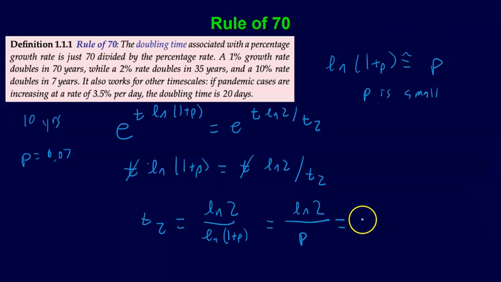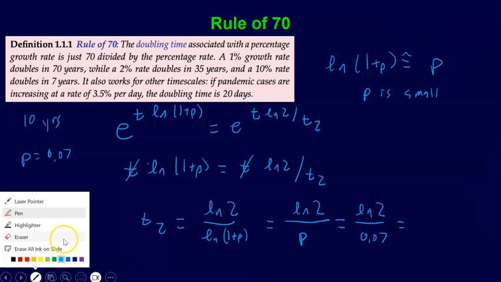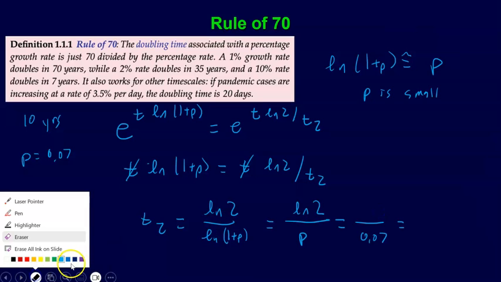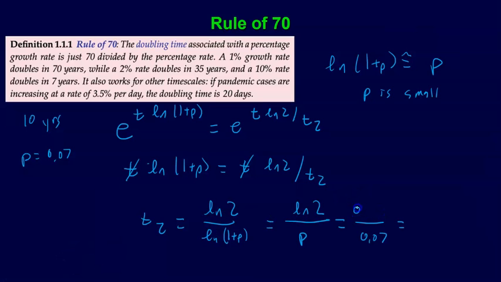And so if I go over to here and look at this, natural log of 2 divided by, again, 0.07, if you plug that into your calculator, and I'll just even go a step further, just cancel this out. So that natural log of 2, if you plug it in, it comes out to be 0.693, which is pretty close to 70.